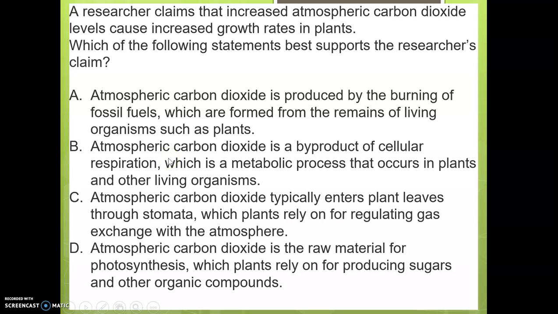Cellular respiration does occur in plants and other living organisms. C, atmospheric carbon dioxide typically enters plant leaves through stomata, which plants rely on for regulating gas exchange within the atmosphere. Did I talk about that? D, atmospheric carbon dioxide is the raw material for photosynthesis, which plants rely on for producing sugars and other organic compounds. To me, D sounds beautiful and wonderful, and hopefully that's what you thought too, because that's the right answer.